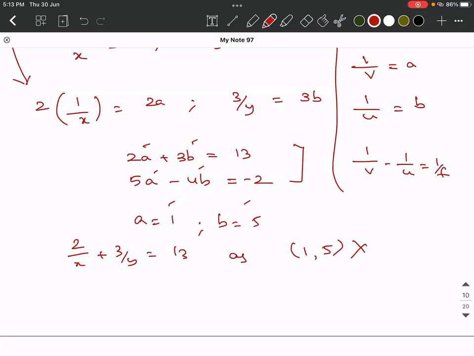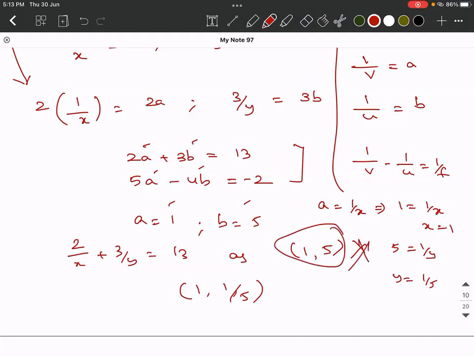We know a is equal to 1 by x, which implies 1 is equal to 1 by x, so x is 1. Similarly, b is 5, which is 1 by y, so y is 1 by 5. So the answer is 1 comma 1 by 5. If you write 1 comma 5, it is wrong. That is the only part you need to be clear about.